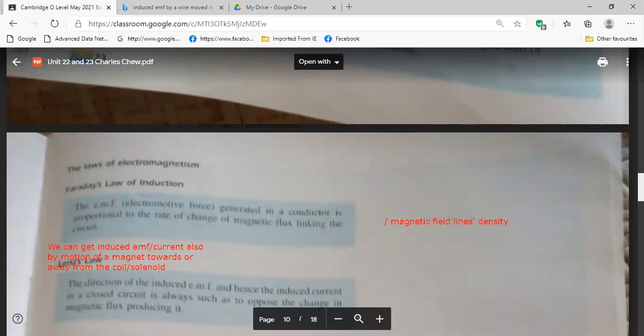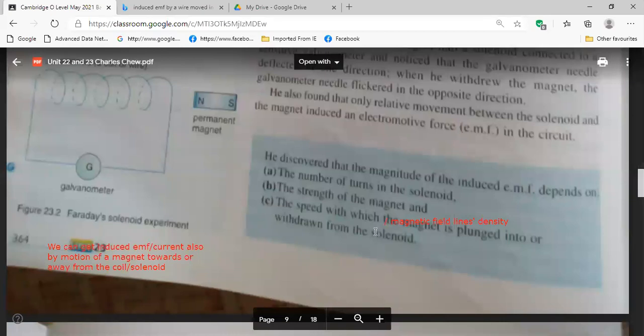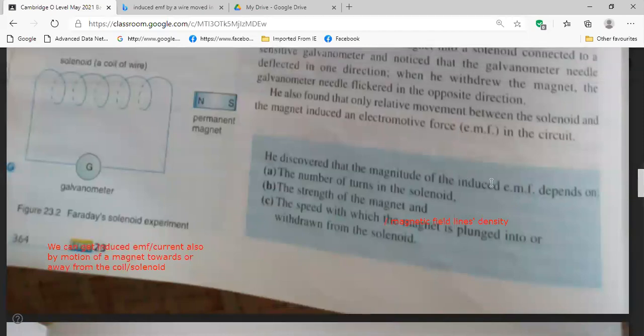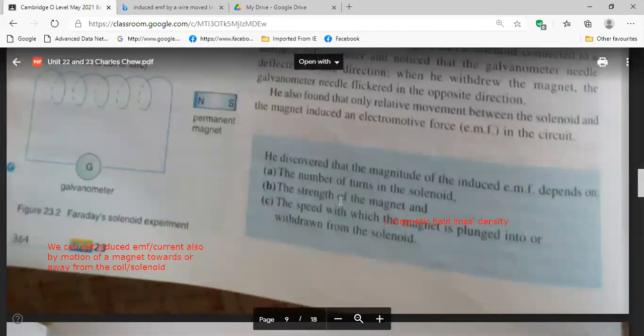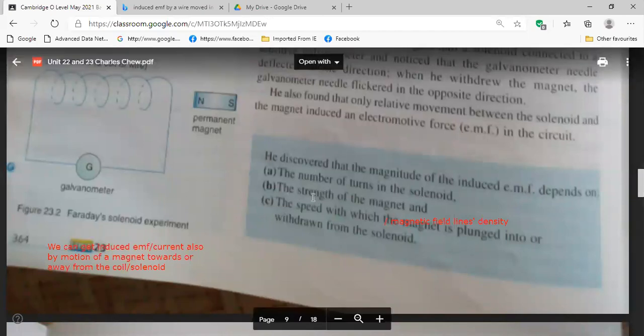Okay, very good. Now look here. What we said, those three points are given here also. The magnitude of the induced EMF depends on the number of turns of the solenoid, the strength of the magnet, and the speed with which the magnet is plunged into or withdrawn from the solenoid.